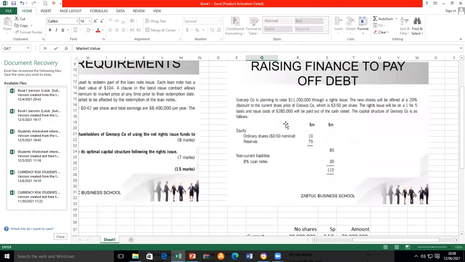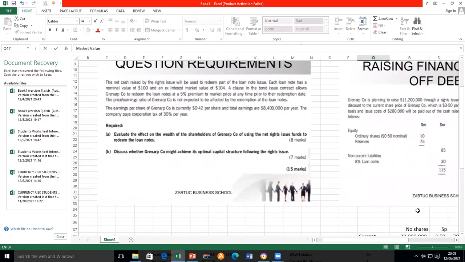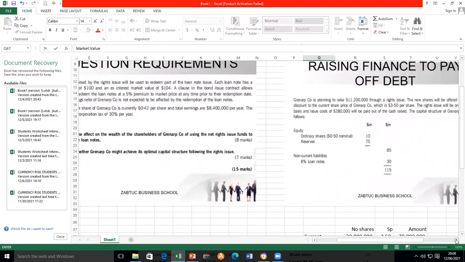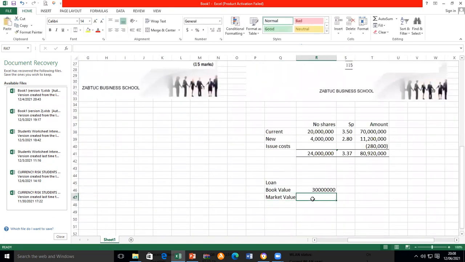Just check what they're telling us here. They have given information. It's trading at 104. So you take this figure, you divide by 100, multiplied by 104. So this is the market value.